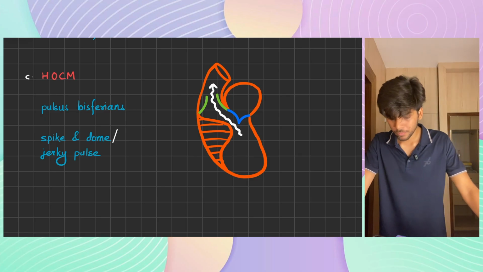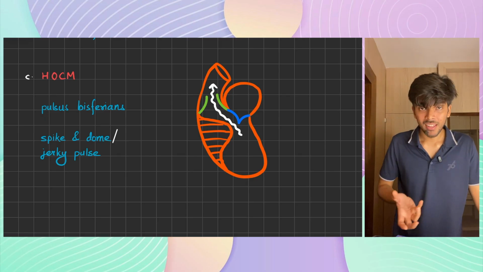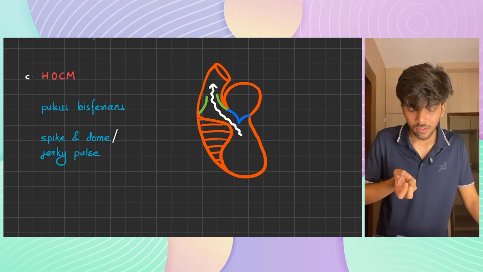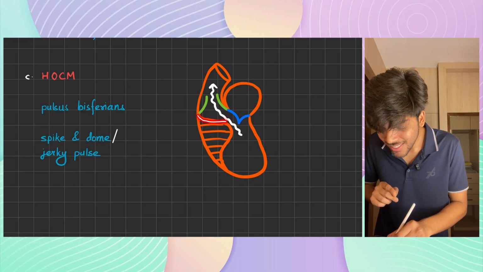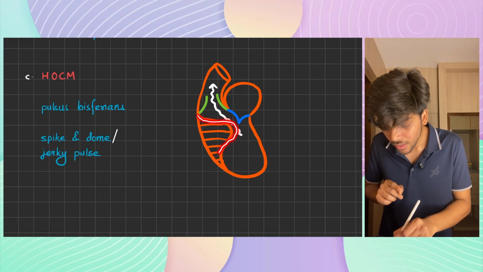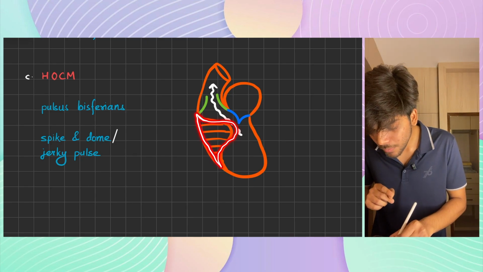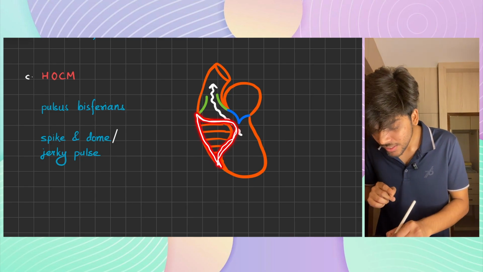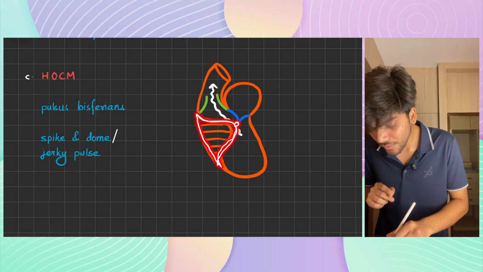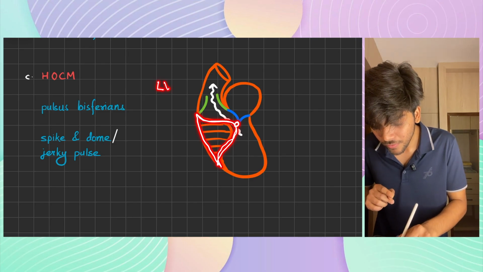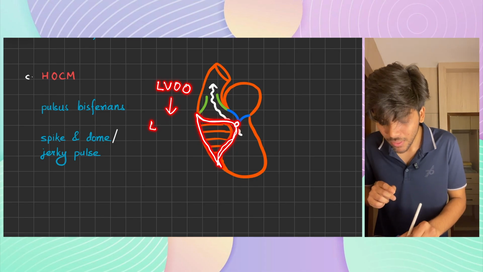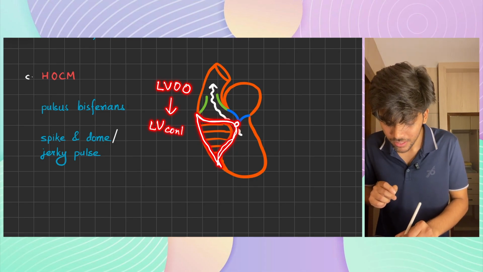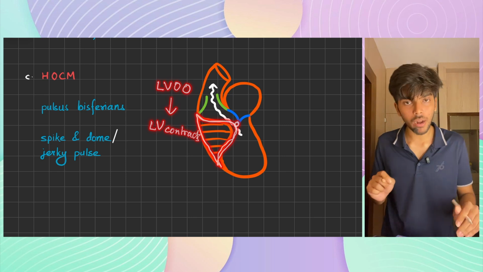So now understand. Every time the left ventricle contracts, the hypertrophied interventricular septum shortens and bulges into the lumen. As it bulges into the lumen, it is going to cause obstruction to the left ventricular outflow. So there is left ventricular outflow obstruction every time the left ventricle contracts. This is hypertrophic obstructive cardiomyopathy.